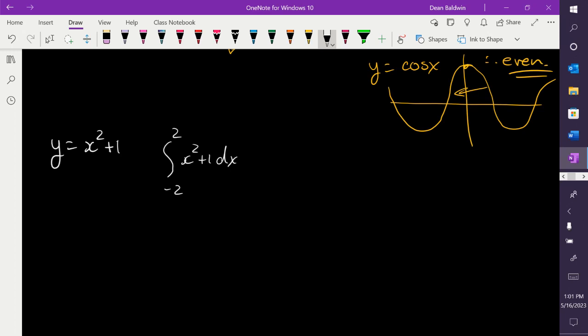What am I asking you there? What is that question asking you? So what does the graph of x squared plus 1 look like? Looks like this. That's what we're asking, right? Yes? Okay.